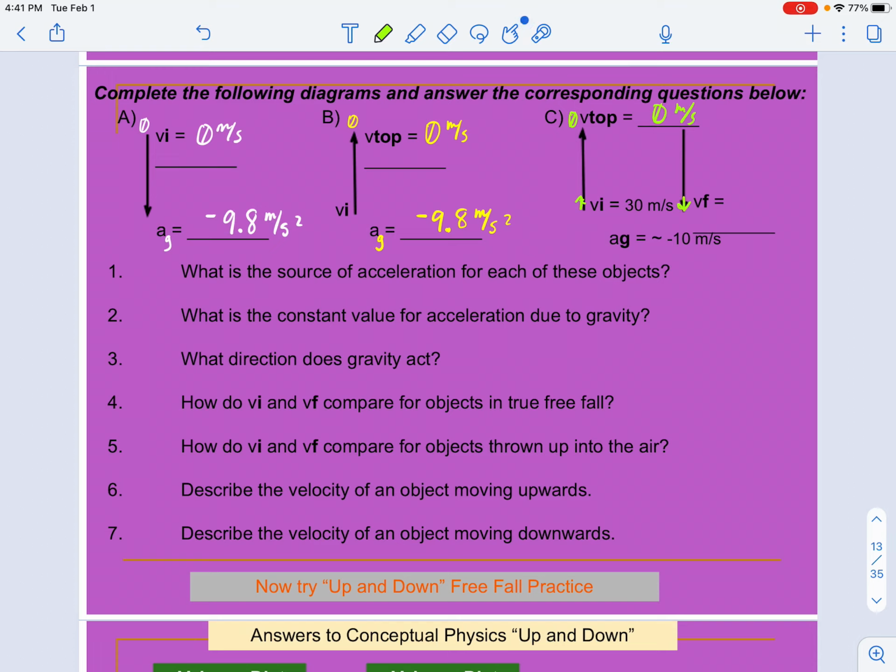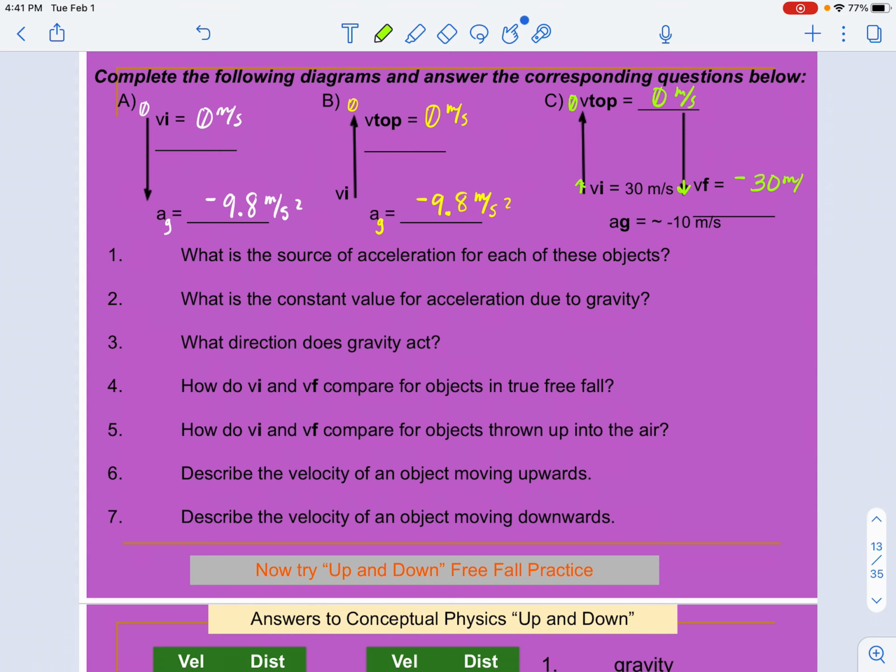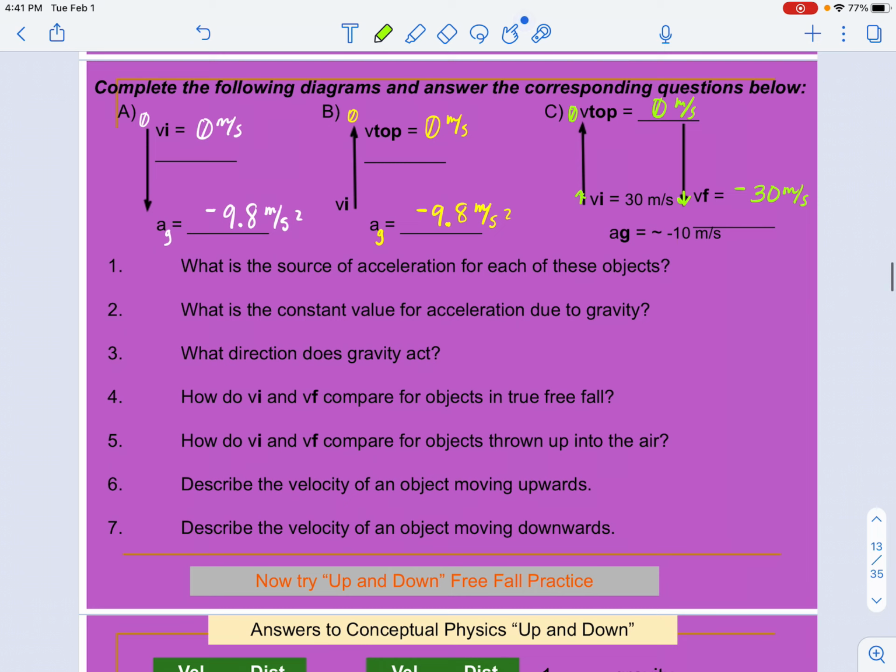And so they're asking us, what is that final velocity? Well, this is one of those conceptual facts that I said you're going to need to know in the future. If it has an initial velocity of a positive 30 and it is sent up into the air, it comes back to the same vertical position, then the final velocity on return is going to be the negative version of that speed. Okay? All right.